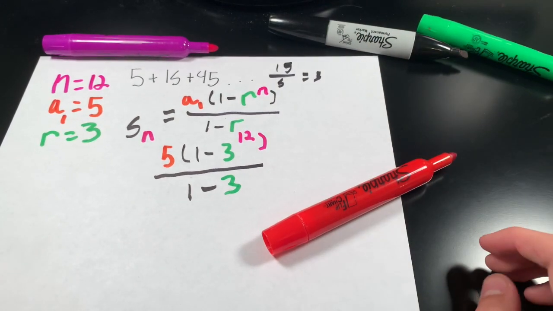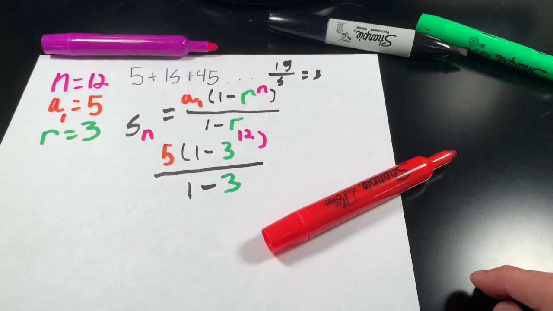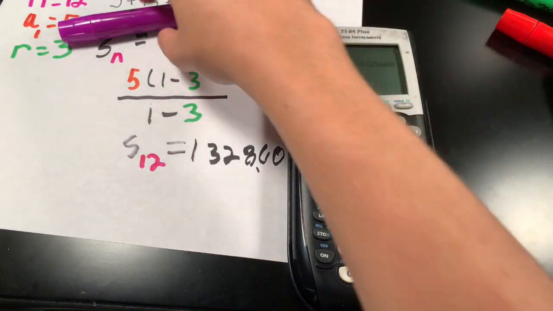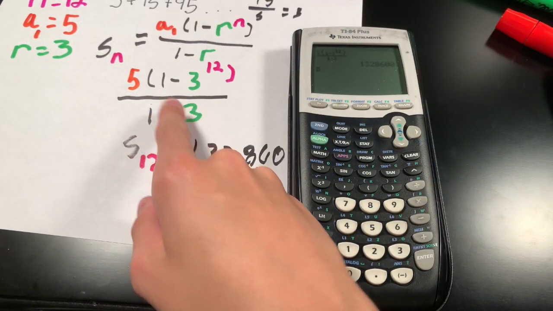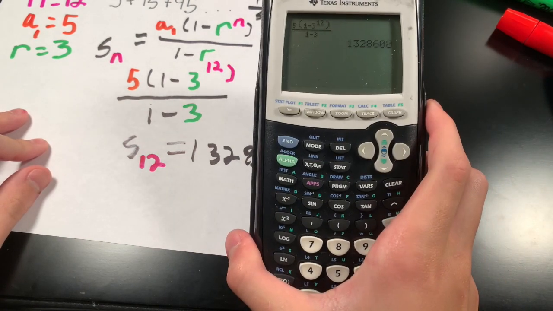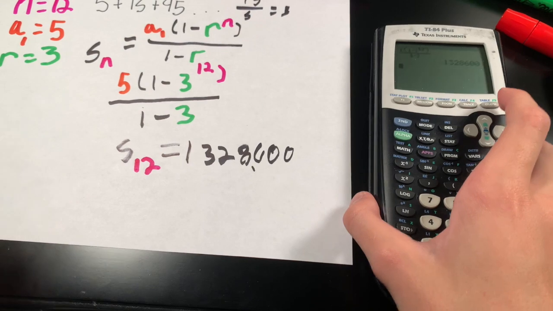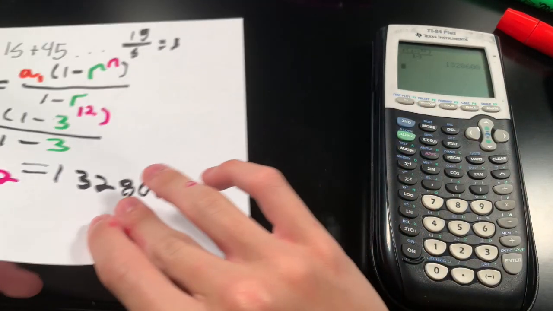Let's plug this into the calculator and get our answer. We get 1,328,600, and that is our answer. So let's move on to number 2.